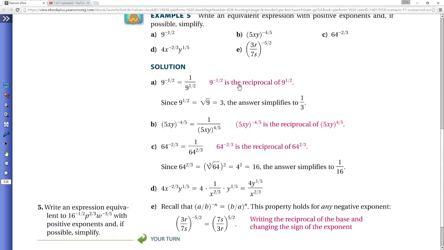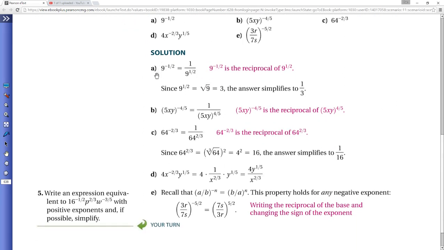And here's this word reciprocal. Really, it says, well, if I have 9 to the negative 1/2 power, how do I write that with a positive exponent? Well, I put 1 over 9 to the positive 1/2 power. And then they note here, 9 to the negative 1/2 is a reciprocal of 9 to the 1/2 power.